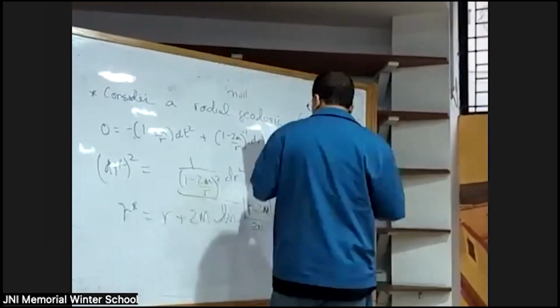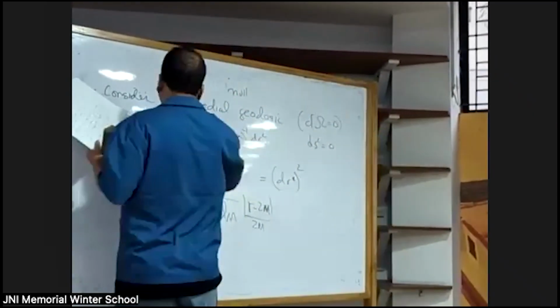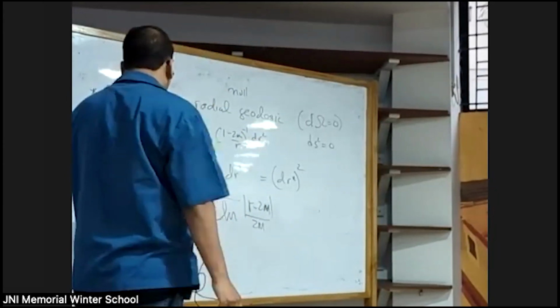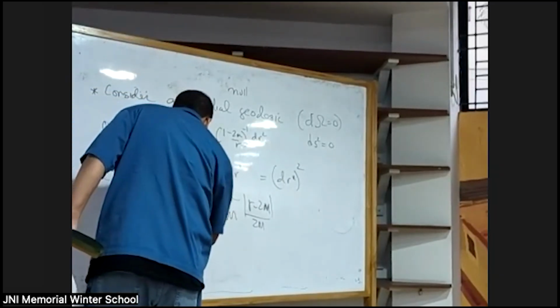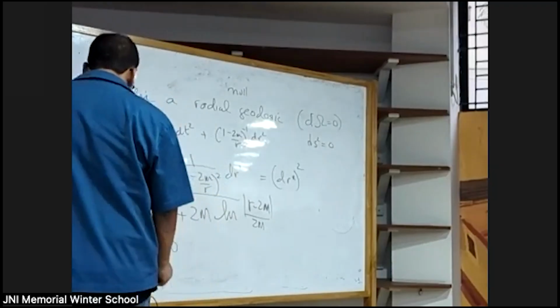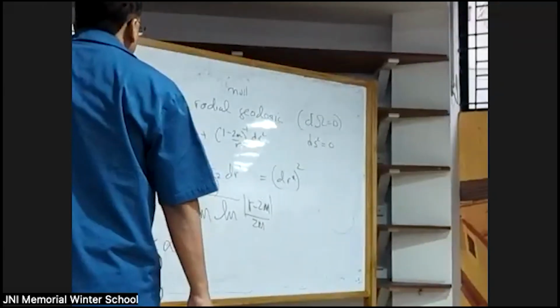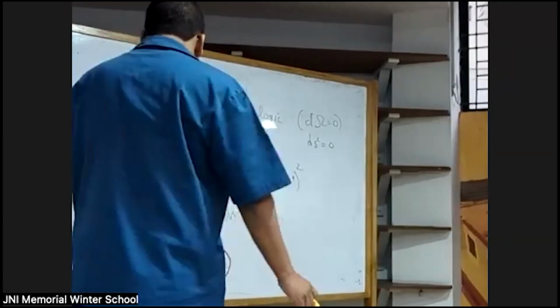Okay. So notice here that r is between infinity and 2m. Let's say we take r to be between 2m and infinity, like that.